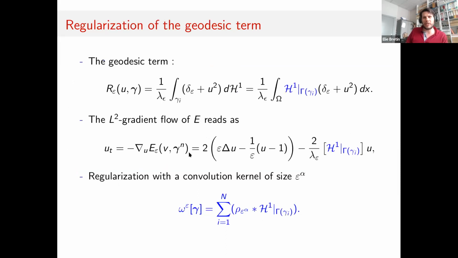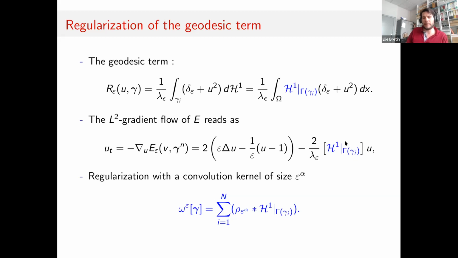And the last point is that if you consider the geodesic term, in fact, if the path is fixed, it can be viewed as the integral of omega of a Dirac mass on gamma I multiplied by this term, which shows that its L2 gradient flow leads to a kind of Allen-Cahn equation plus a penalized term, which is very singular.